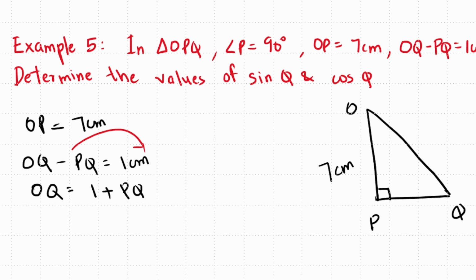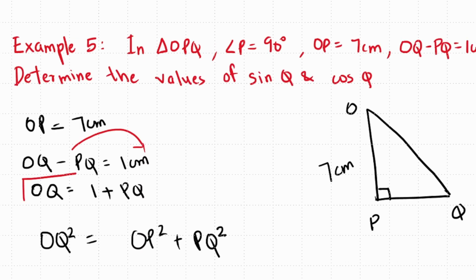Now what we're gonna do is apply the Pythagoras theorem. That is, OQ square equals OP square plus PQ square. Hypotenuse square is nothing but the opposite side square plus the adjacent side square, right? OQ square equals OP square plus PQ square.